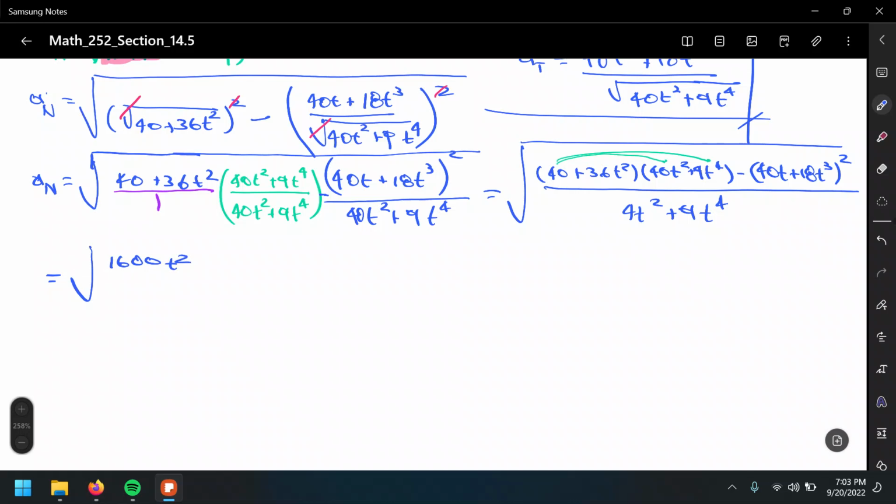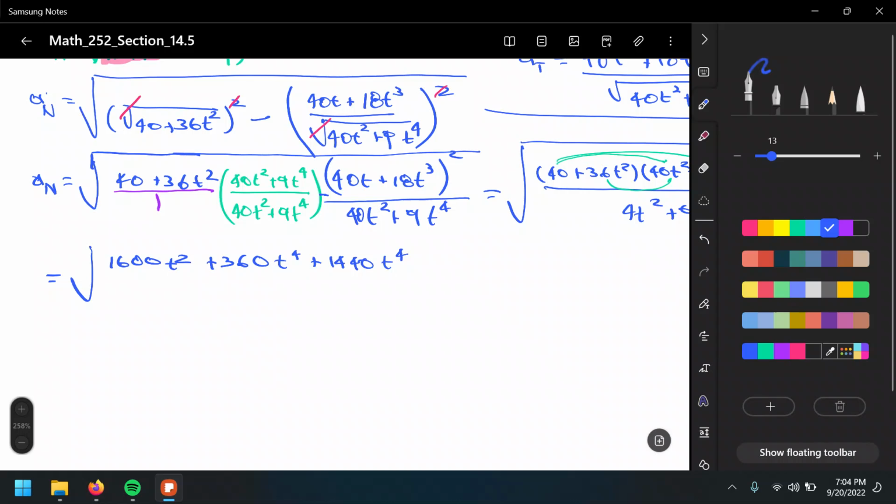And 40 times 9, I have a 360. 360 t to the fourth. Oh, to the fifth. It's to the fourth. And then the other part of the foiling here will be 36t squared times 40t squared. Okay, so 36 times 40, I have 1440. T squared times t squared, t to the fourth.